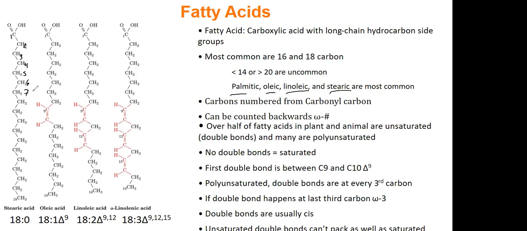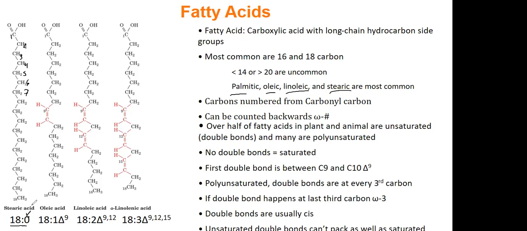When naming your compound, you use this system where you say how many carbons were in total. For our first fatty acid, there was 18. You then put a colon and you tell me how many double bonds there were.